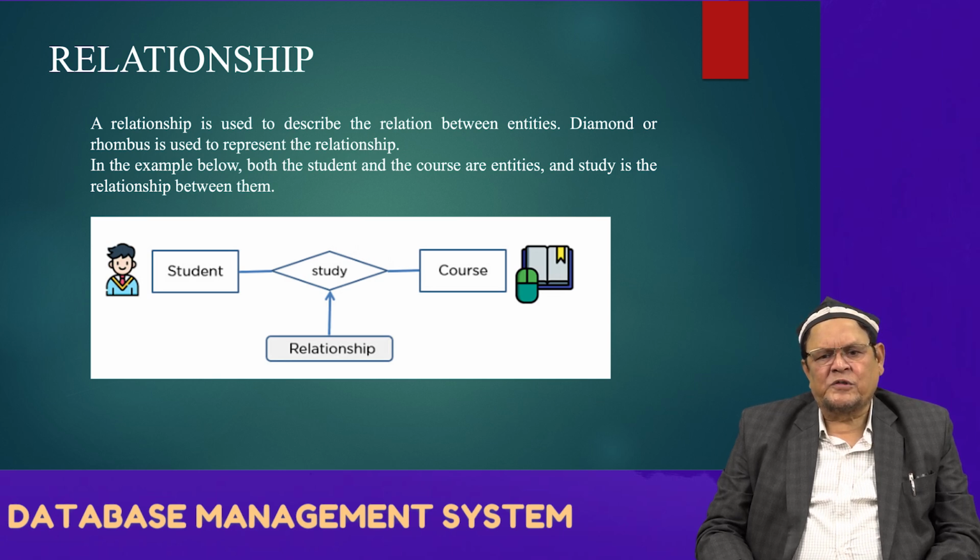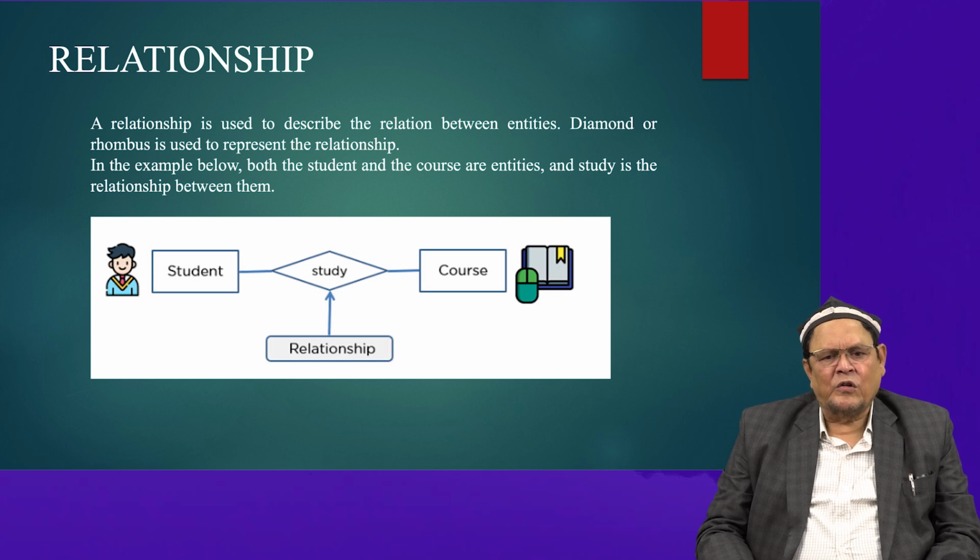These relationships depict how data entities relate to each other, showing connections like one to one, one to many, many to many, or many to one. Using symbols and lines, an ER diagram illustrates the structure and dependencies within the database model.